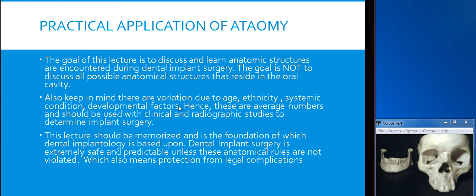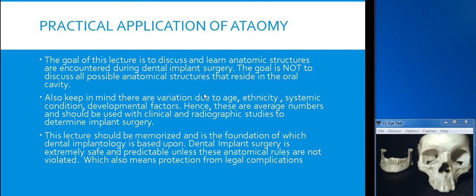Some studies, for example, done in China or Southeast Asia or India might have different results compared to studies done in North America, Canada or Europe, due to variation of ethnicity. Same thing goes with age. Some studies done in young people might differ from old people, the numbers we talked about. So please keep that in mind when we go over this part of anatomy in this lecture.